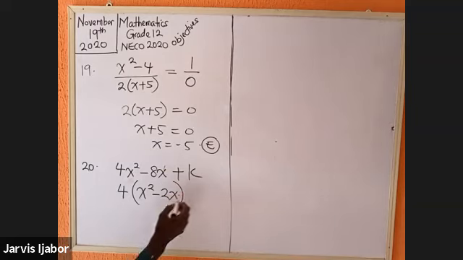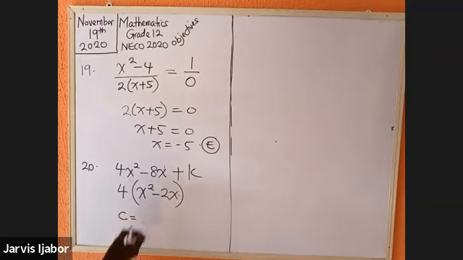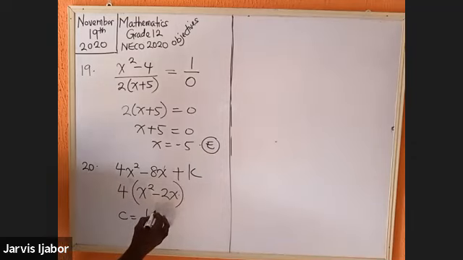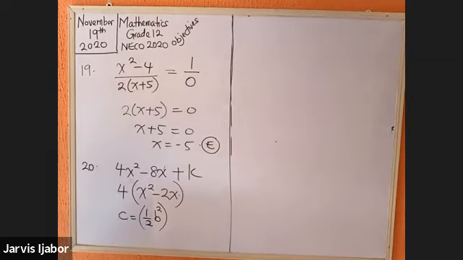Now, C, which is something I'm introducing, will be equal to half b squared. So what is b? It is 2. Is that not? So this will give me what?